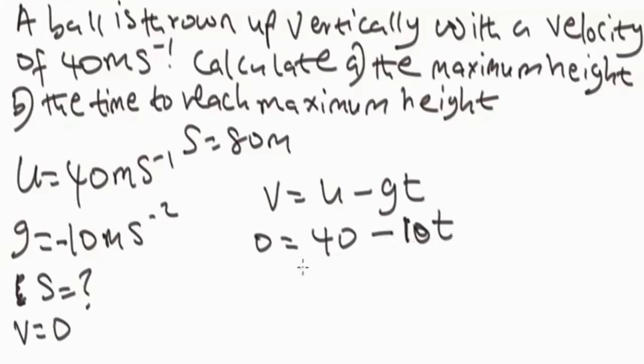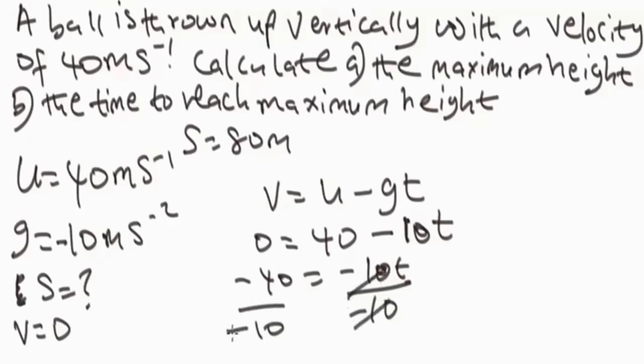Now we make t the subject of the formula. Minus 40 equals minus 10t. Divide both sides by minus 10. Therefore, our t will be 4 seconds. So this will be the answer for this question.